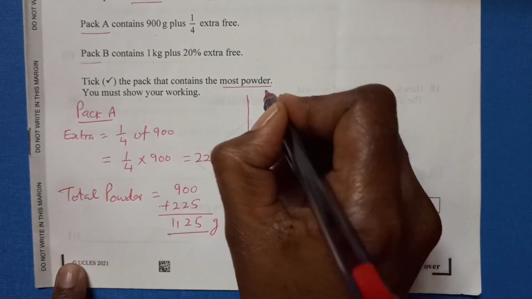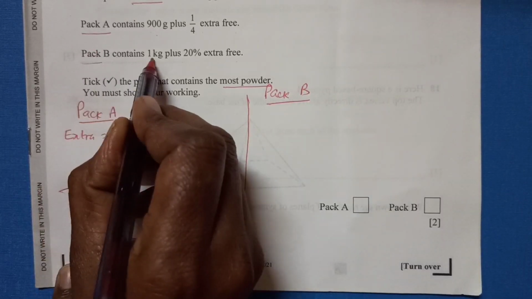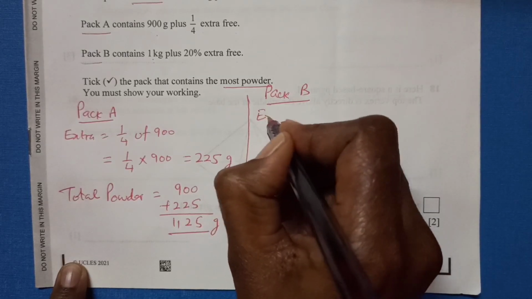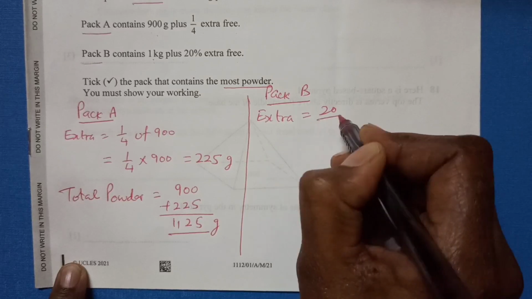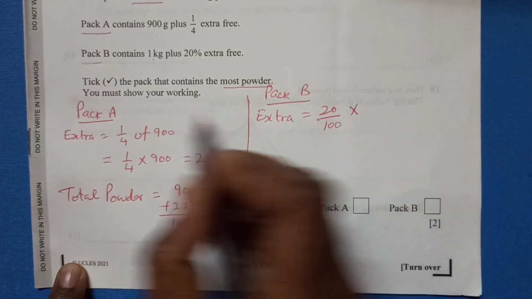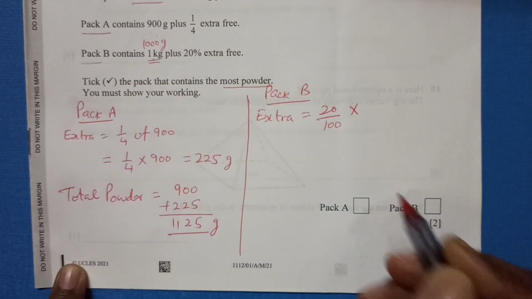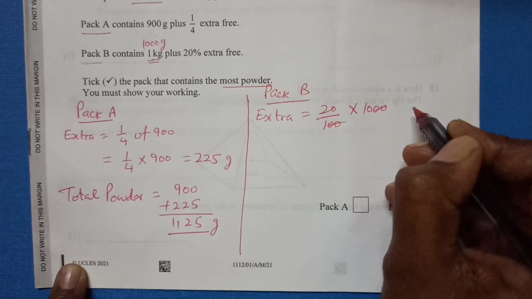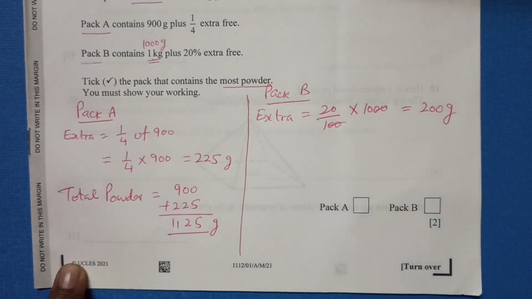Now let's see packet B. In pack B we have 1 kilogram plus 20% extra. First we will calculate the extra powder, which is 20%. 20% means 20 over 100 of 1 kilogram. 1 kilogram is 1000 grams. Of 1000 grams, these two zeros are gone, so we have 20 times 10, which is 200 grams extra.